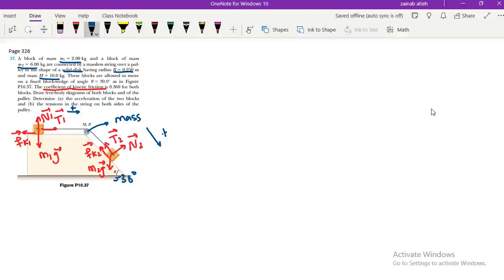There remains the pulley. What are the forces acting on the pulley? We have the tension, which is T1 from the left side of the string. The tension on this side is T2. Now when we learned before about a massless pulley, a massless pulley does not affect the tension in the string because it is massless. But when the pulley has mass, the tension on the two sides is different. I have to call them T1 and T2. Before we said same string, same tension.